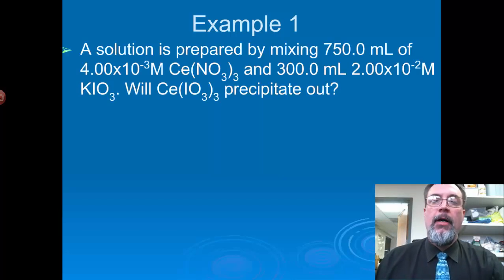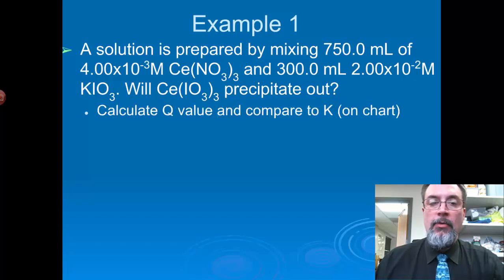So here we're going to mix 750 milliliters of cerium nitrate, and the concentration is given, and 300 milliliters of potassium iodate, KIO3. We want to know if cerium iodate will precipitate.